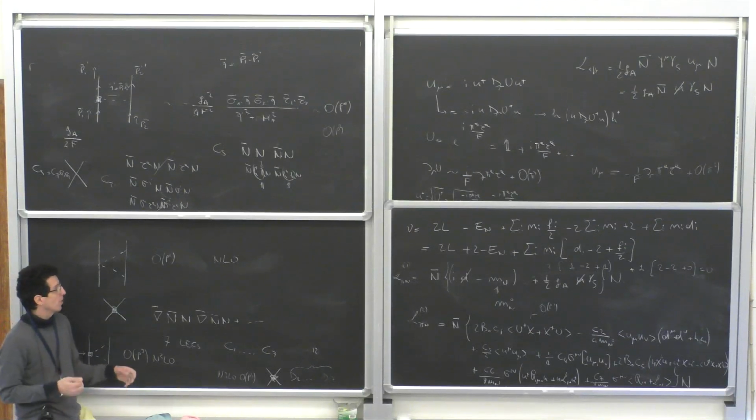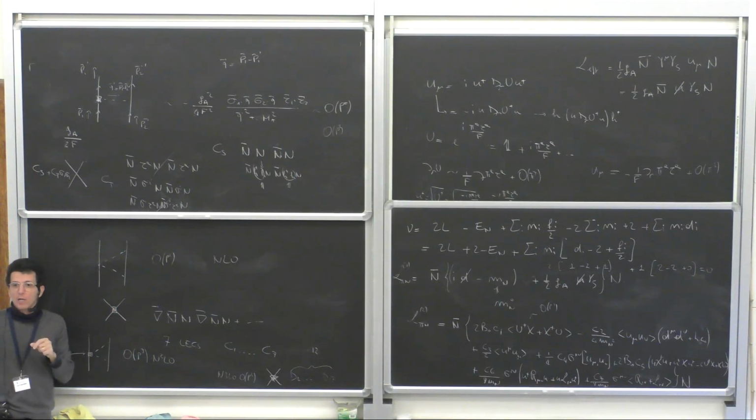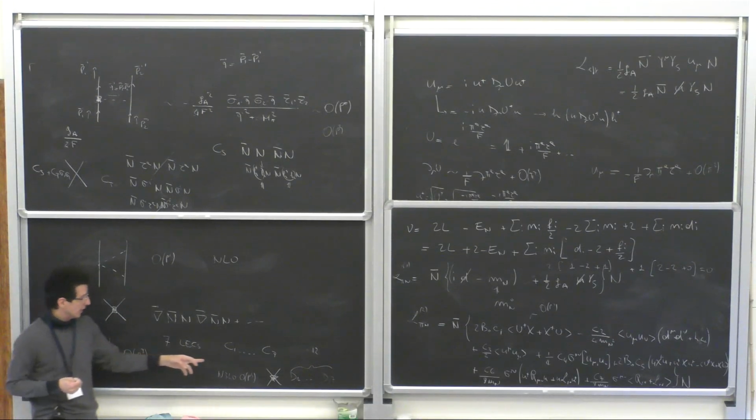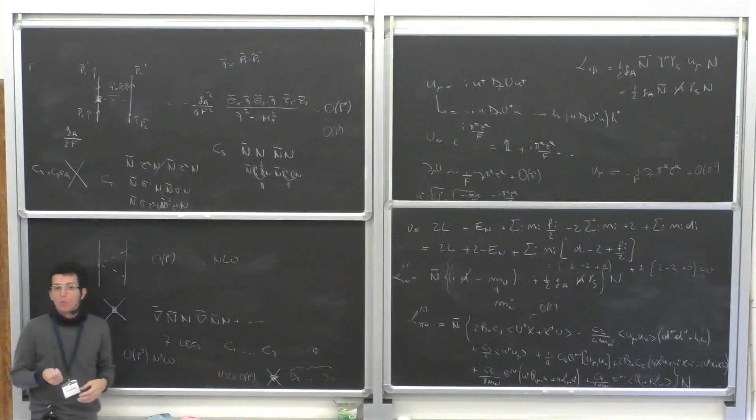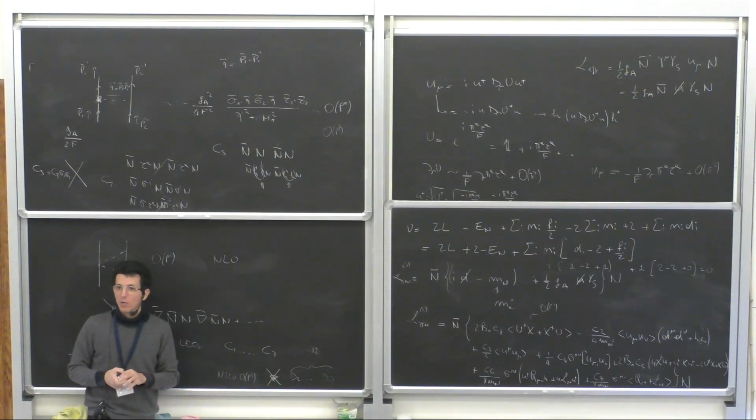So at leading order we have 2 handles to adjust our potential. At next to leading order we have an additional 7, so in total 9 low energy constants. At N3LO we have 9 plus 12, 21 low energy constants.